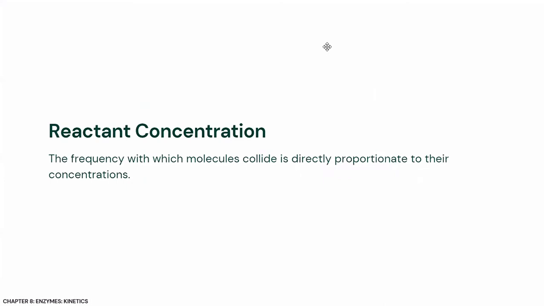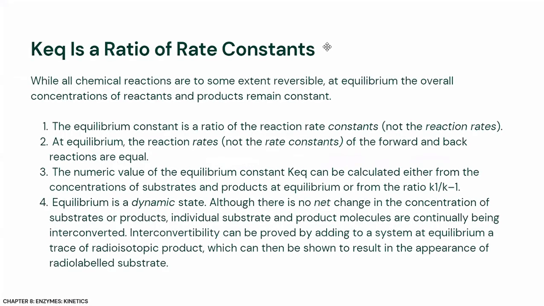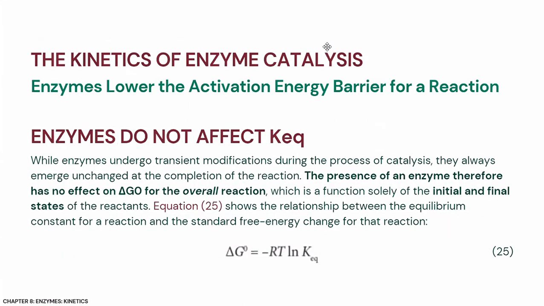The more reactants, the better, for more collision with your enzymes. Now, always remember that enzymes do not affect the equilibrium constant. It says enzymes lower the activation energy barrier.